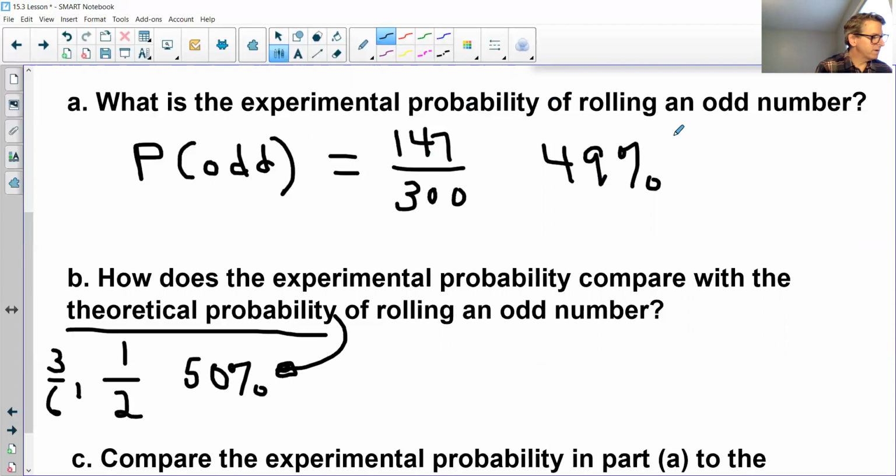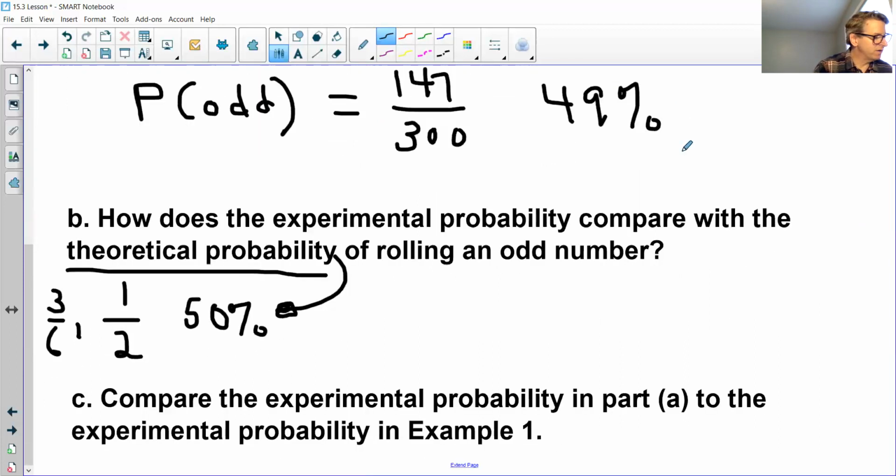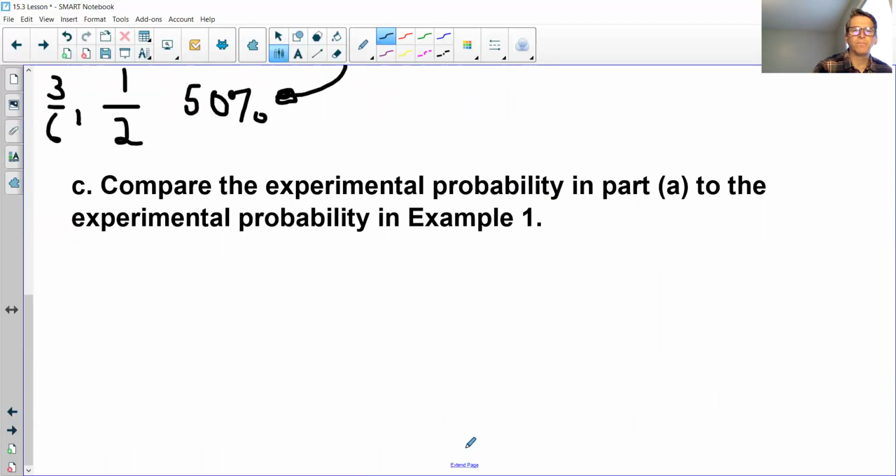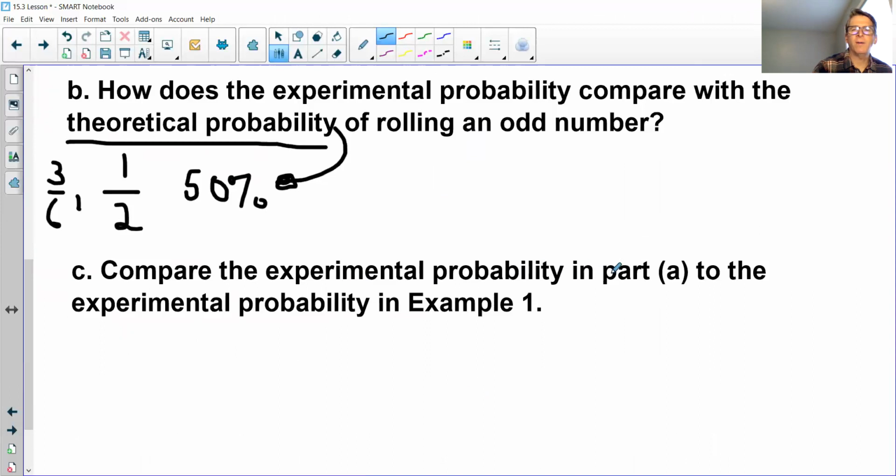So letter C, let's compare the experimental probability in part A to the experimental probability in example 1. So what we're going to do on this question is compare the experimental probability in part A to the experimental probability in example 1.